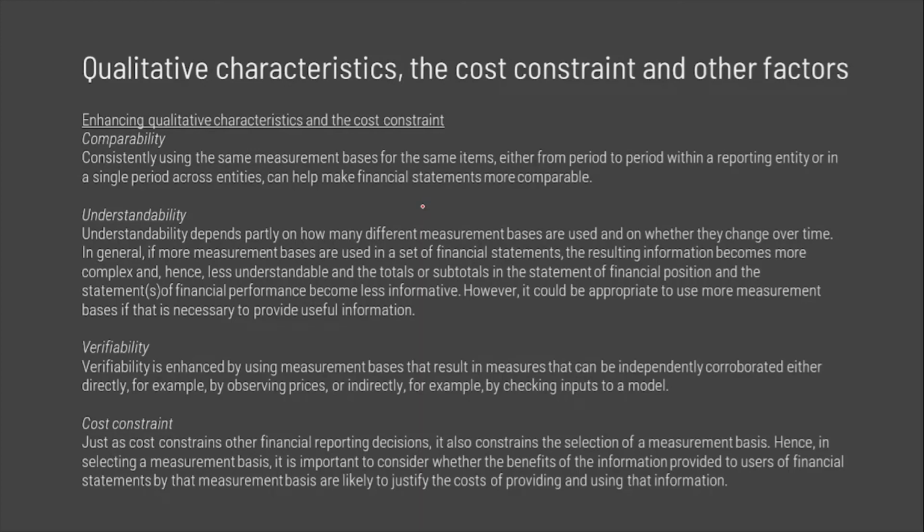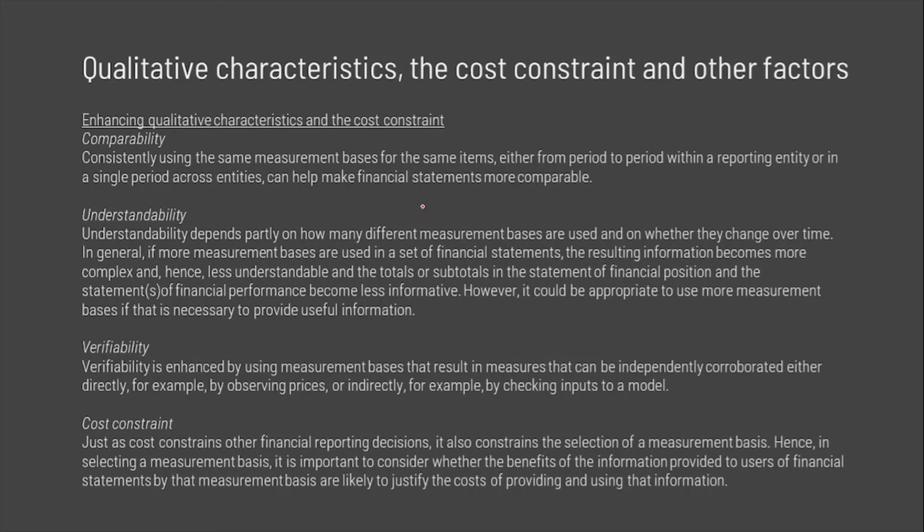Current cost results in the same amount of measure for identical assets or liabilities which are acquired or incurred at different dates. This enhances comparability. However, determining current cost can be costly, complex, and subjective, thus reducing verifiability and understandability.